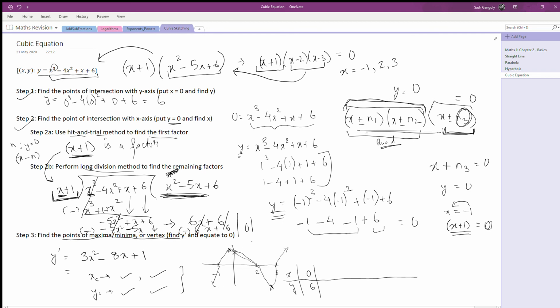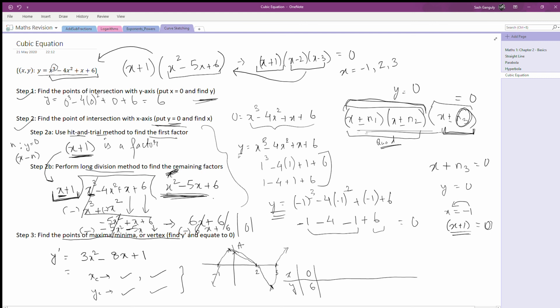So the idea is this, right? First find the point where it touches the y-axis, which is this point A. Then find points where it touches the x-axis by putting y equal to 0 and going through these lengthy steps.